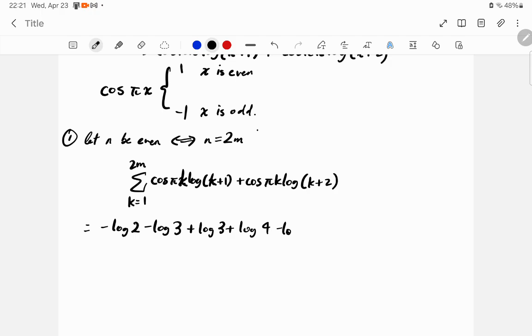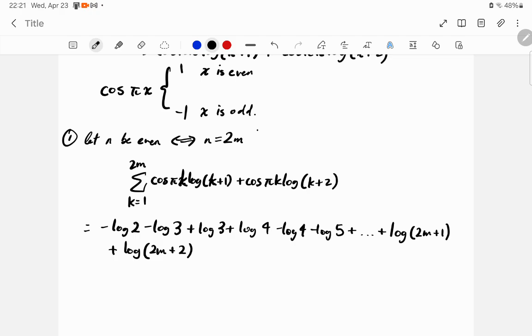We get negative log 4 minus log 5, so on and so forth until we reach the final term, which is k equals 2m. Since 2m is clearly even, cosine pi k will be 1. So therefore, the final terms of this expression are log of 2m plus 1 plus log of 2m plus 2.